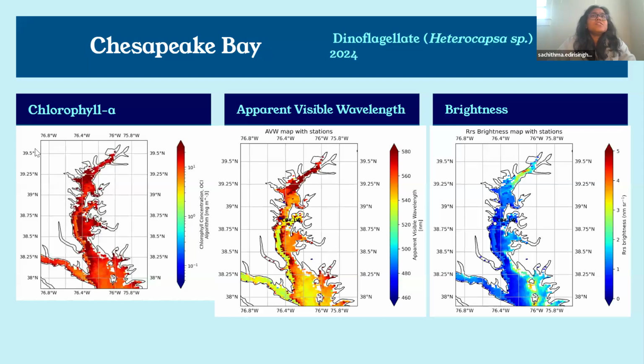And similar with this bloom, this is our station right here, similar pattern, high AVW and relatively low remote sensing brightness. And over to you, Shelly.